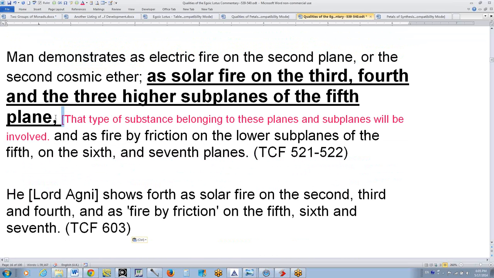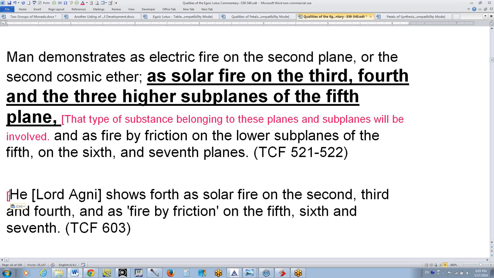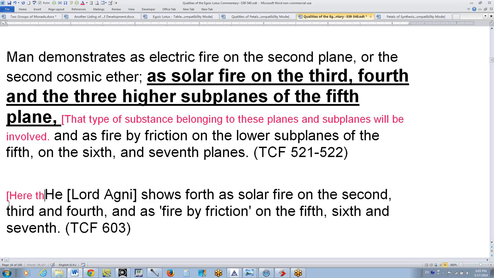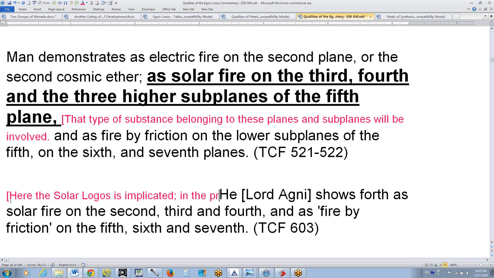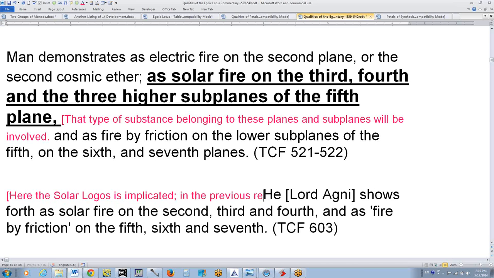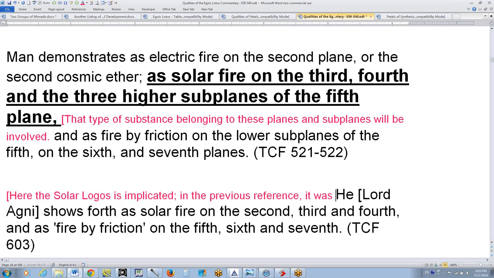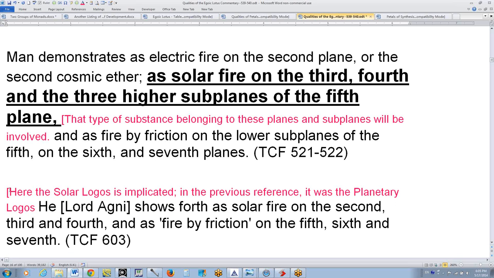Additionally, this will be important because Agni really is of the solar Logos, and what we're talking about here, man demonstrating his electric fire on the second, has to do with the planetary Logos. Here, the solar Logos is implicated, while in the previous reference it was the planetary Logos.